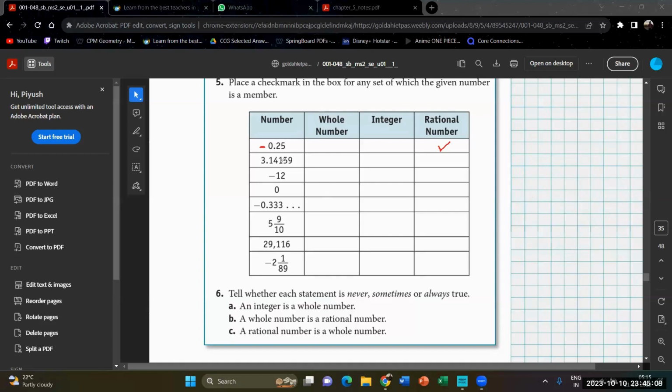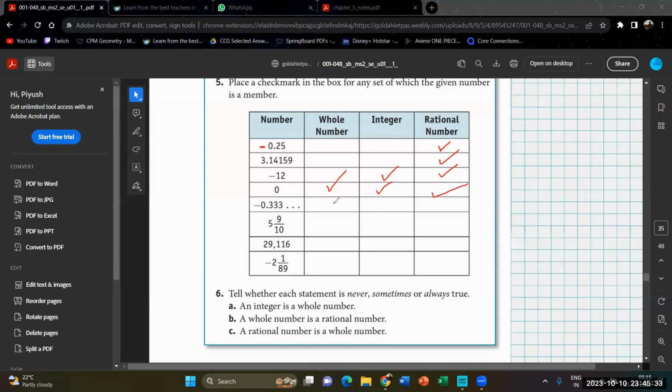3.14159, rational. Negative 12, integer and rational number, good job. Because rational number is a bigger set, it contains everything. 0, all of them, good job.